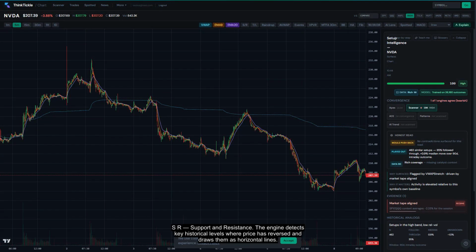SR, support and resistance. The engine detects key historical levels where price has reversed and draws them as horizontal lines. Soft horizontal levels render across the chart. These are the soft floors and ceilings, where the engine has seen price respond before.